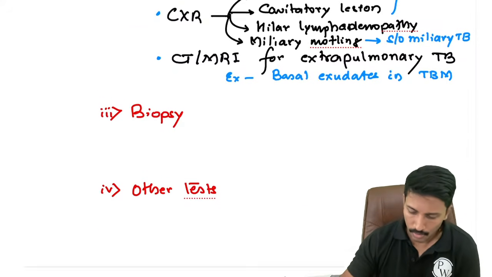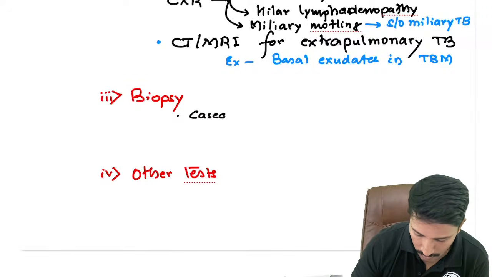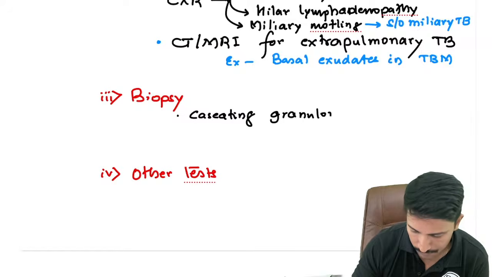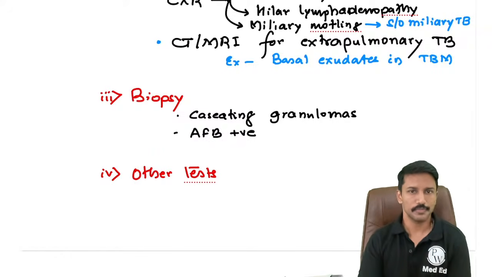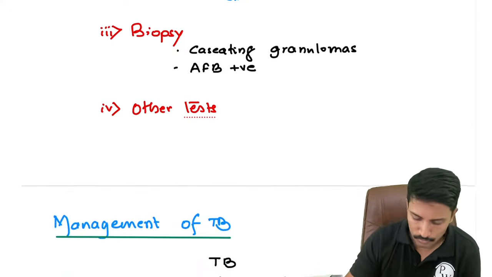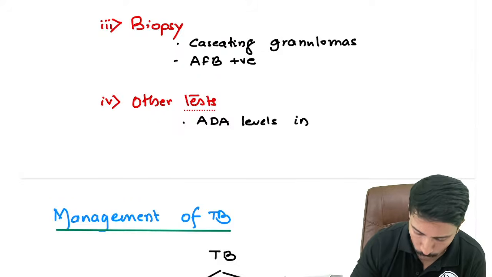Okay. What will biopsy show? Biopsies will show caseating granulomas, and biopsies may be positive for AFB, right? What other tests are useful? I can do adenosine deaminase levels in fluids.